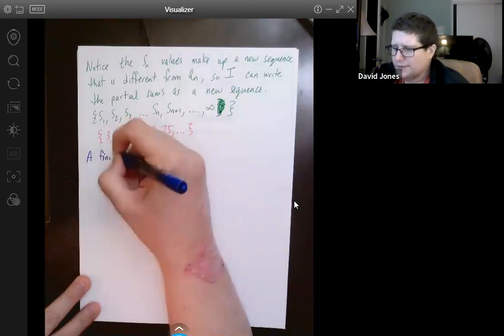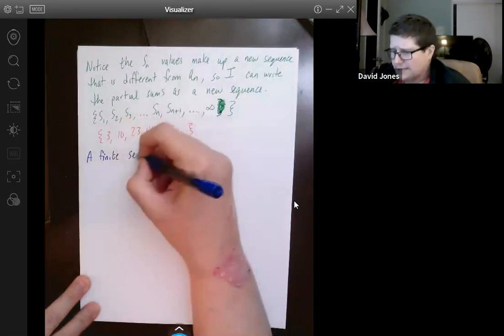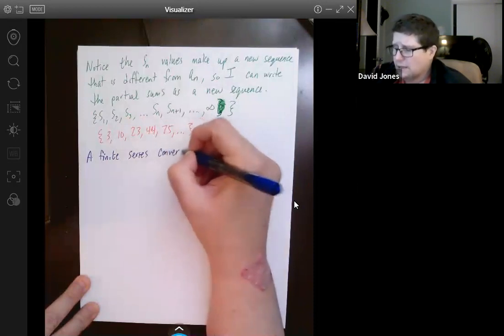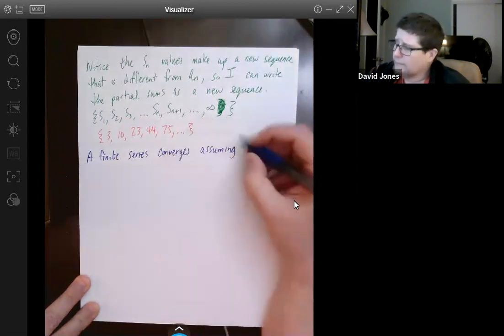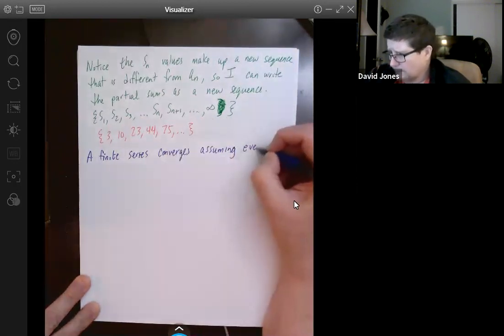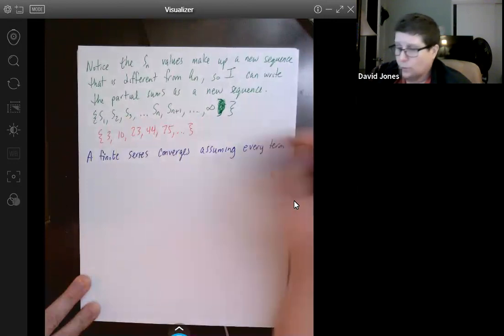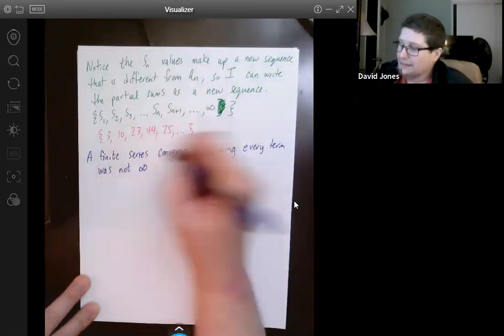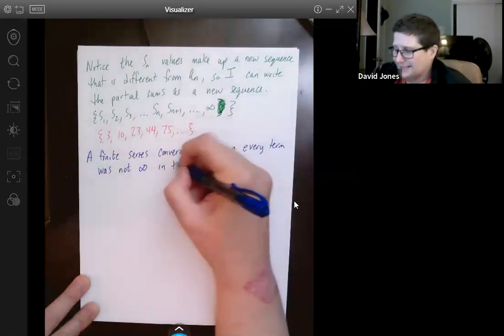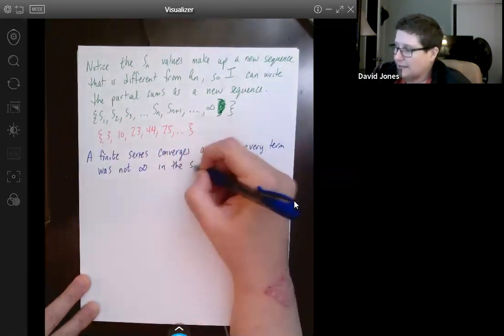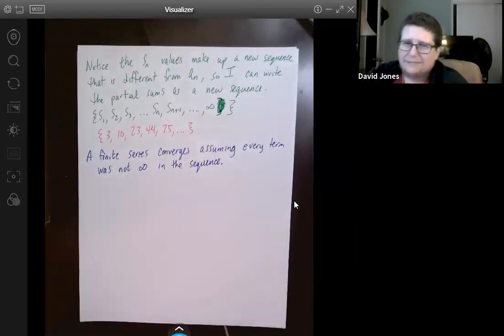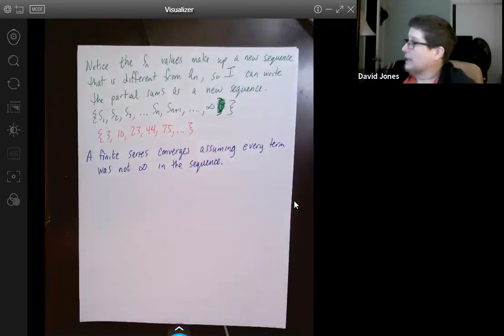It has to add up to a specific number, assuming every term in the sequence was a real number, not infinity. And we're never really going to have a sequence that has infinity, and it just gets kind of boring.